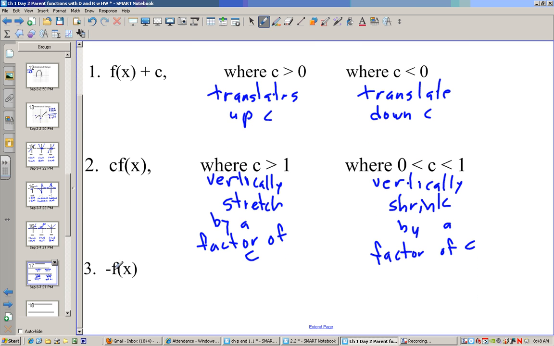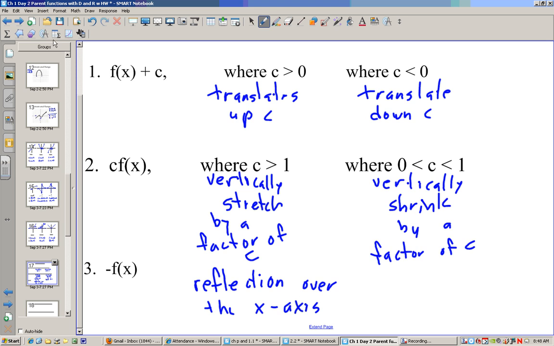If there's a negative, so that's like saying if c goes below 0, that's going to be a reflection over the x-axis.